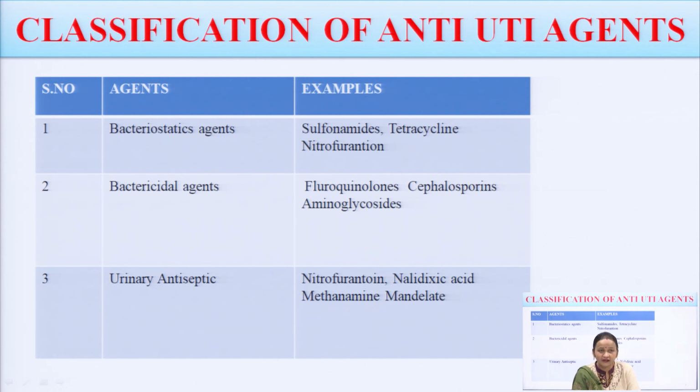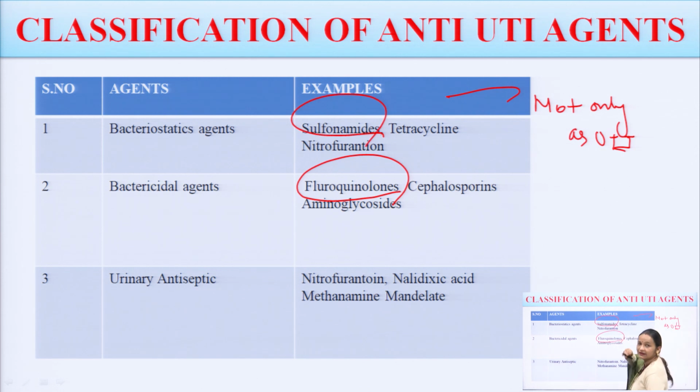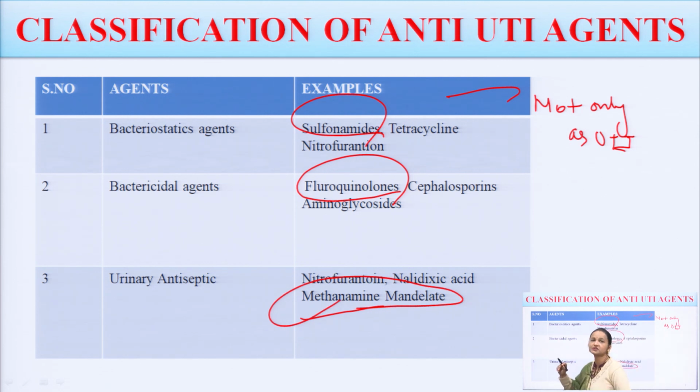Again I am telling you that these drugs are not used only for UTI, because we have seen that fluoroquinolone is a very widely used antibiotic, sulfonamide is a widely used antibiotic, and methenamine mandelate is also a very widely used antibiotic.